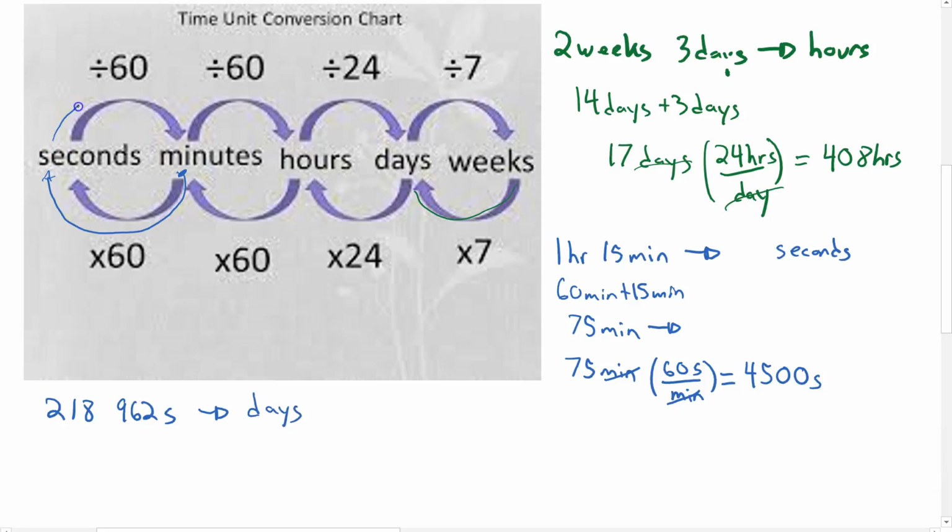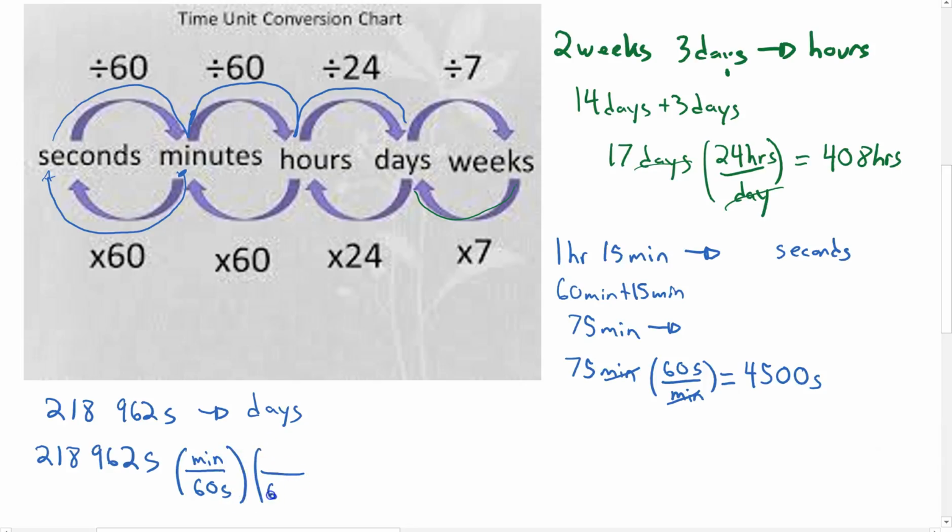From seconds to days, I'm going to divide by 60 to get to minutes, divide by 60 again to get to hours, and then divide by 24 to get to days. I'm going to write this out so we can see what's happening to our units. I have 218,962 seconds, divided by 60 seconds in 1 minute, then divided by 60 minutes in 1 hour, and then divided by 24 hours in 1 day.